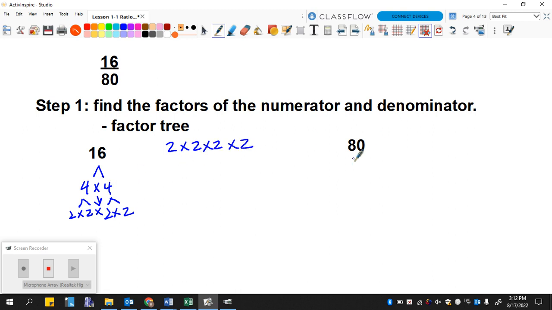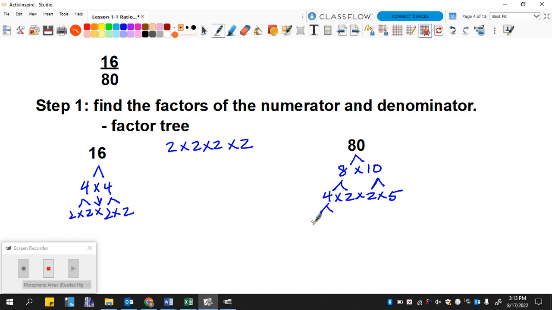80. We can say 8 times 10. All right, or just pick one of the factors of 80. I could have done 2 times 40. Okay, but I did 8 times 10. 8 is 4 times 2 times 10 is 2 times 5. And then the 2s and 5s can't be broken down anymore, but 4 can.